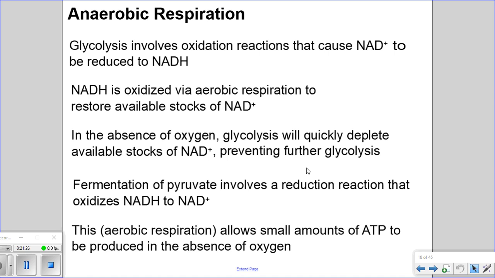Fermentation of pyruvate involves a reduction reaction that oxidizes NADH to NAD+. This allows small amounts of ATP to be produced in the absence of oxygen, so that ATP that would be produced through that first step in the breakdown of glycolysis will continue to be produced.